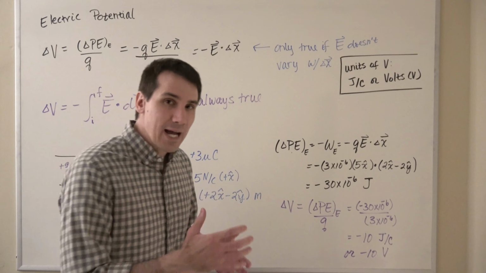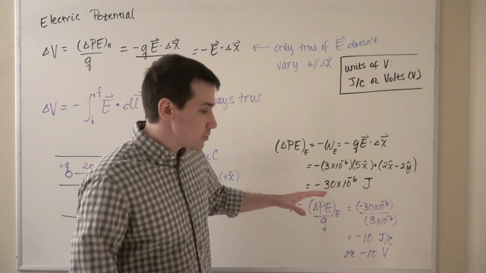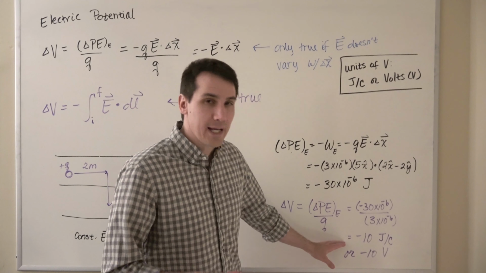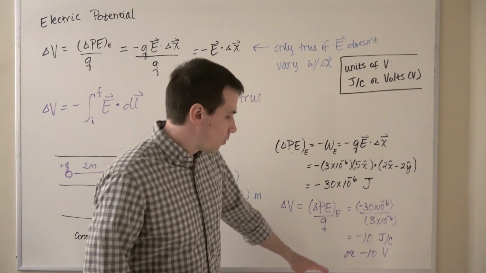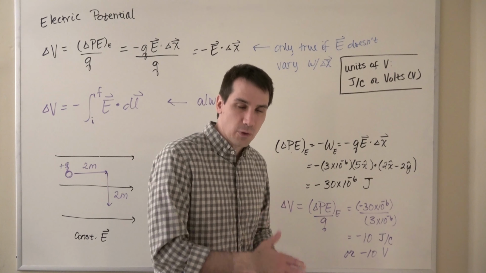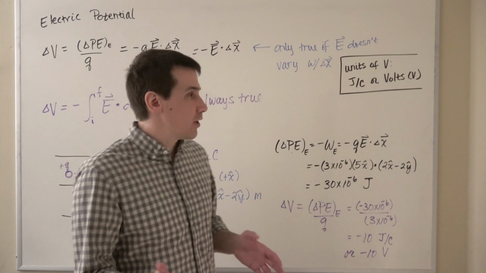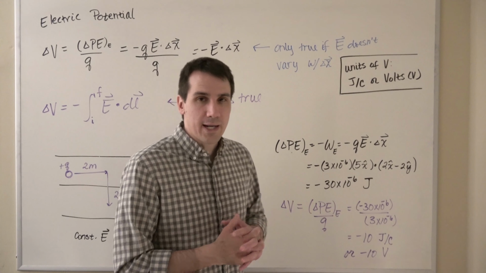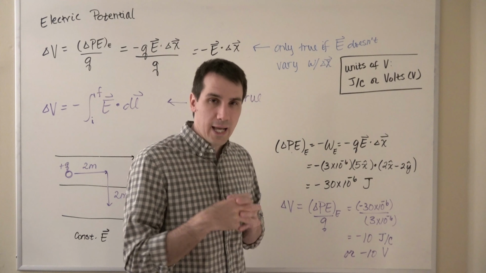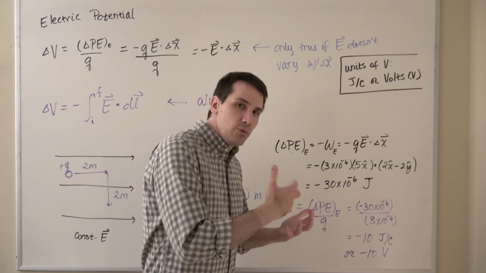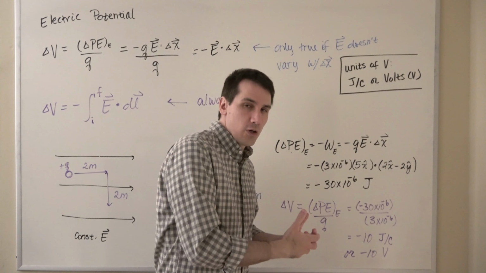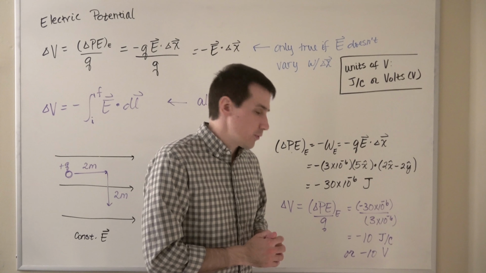Now, if I divide this quantity through by the charge in question, I arrive at negative 10 joules per coulomb, or negative 10 volts. So, a quick note on the units. The units of our electric potential are energy per charge, right? How much energy do you get per charge as it moves between two locations?